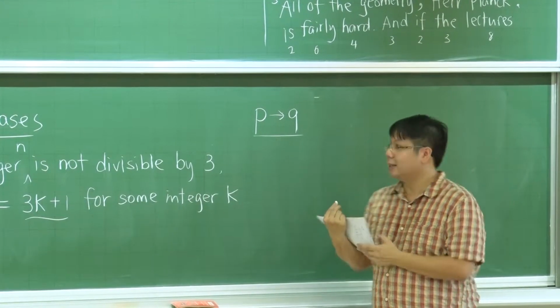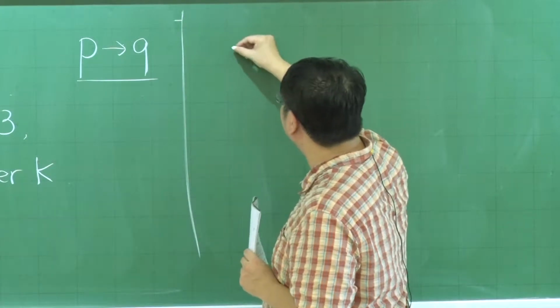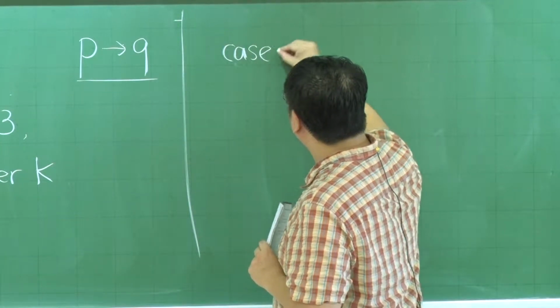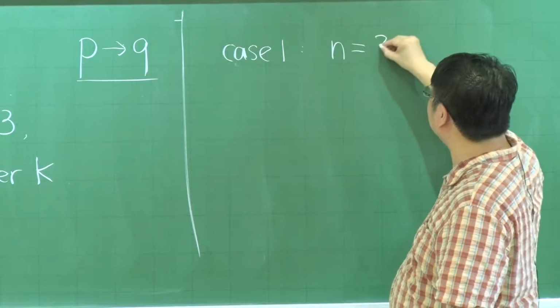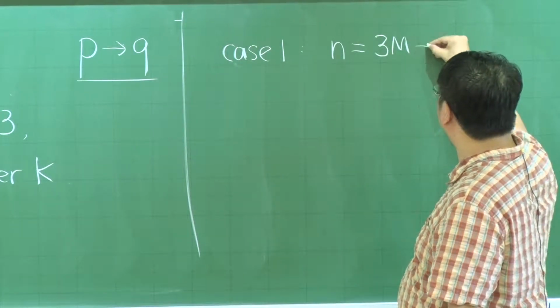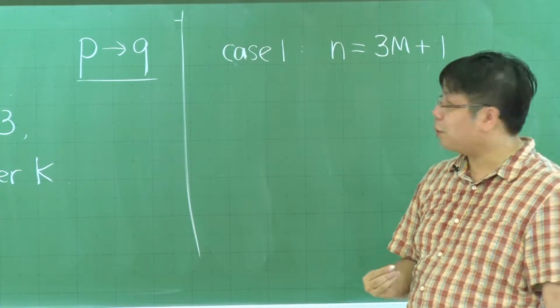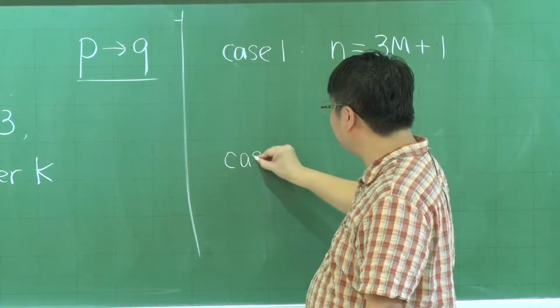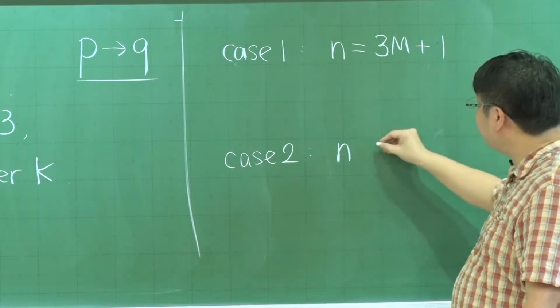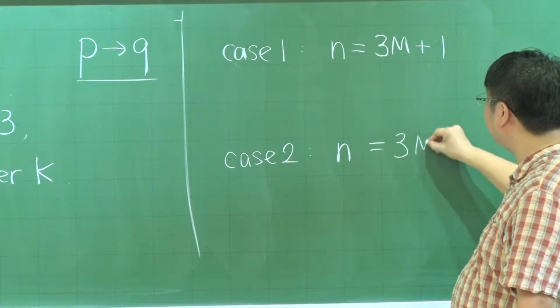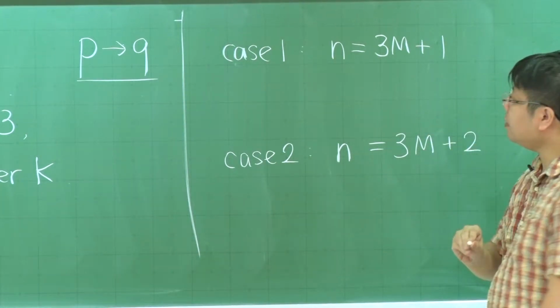Am I correct? So we can divide this into case 1. Case 1 is n is something like 3 times m plus 1. And then we can have a case 2 here. Case 2 is n is of the form 3 times m plus 2.